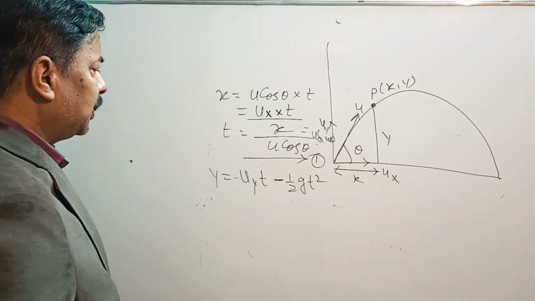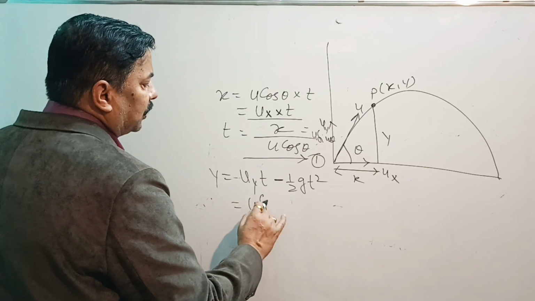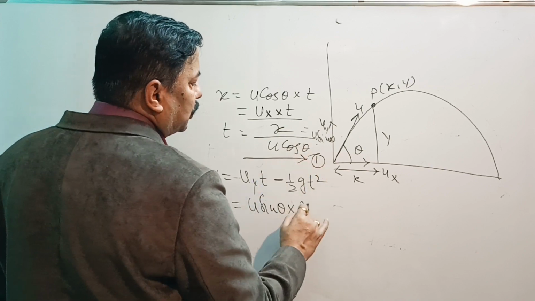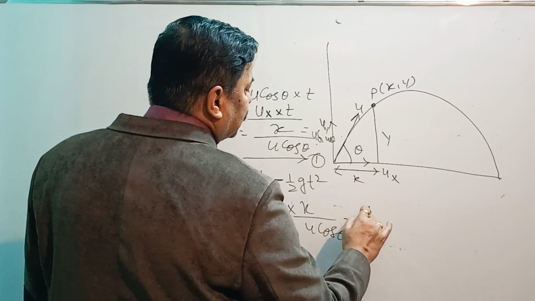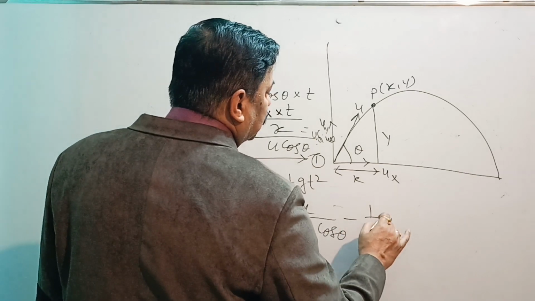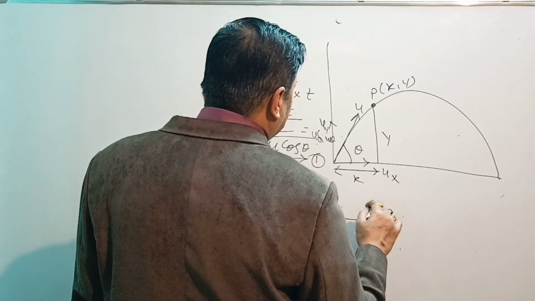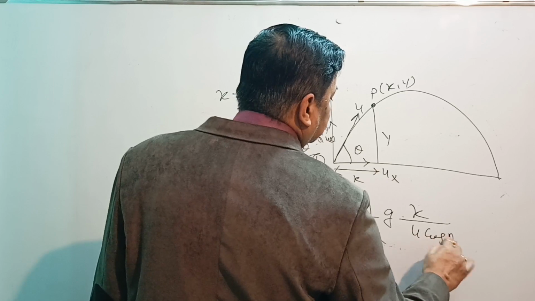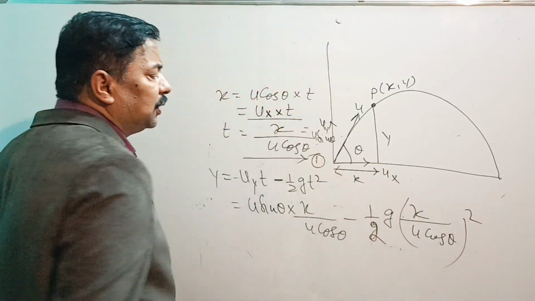And if you see it, uy is u sin theta into t, which is x by u cos theta, minus 1 by 2 g, t is x by u cos theta, whole square, gt square.